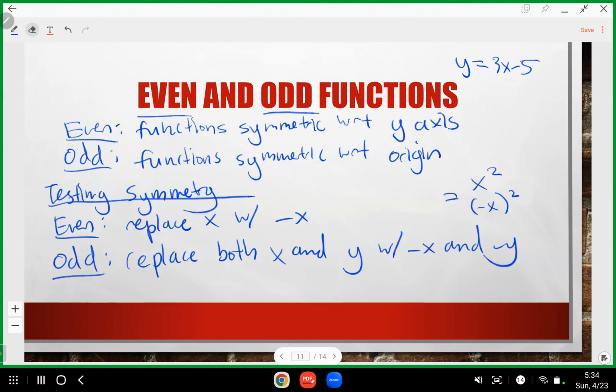And this shows us that if a function is shifted away from the origin, it's not really going to be an odd function, because an odd function requires the function to be symmetric with respect to the origin, meaning it has to stay at the origin. If it shifts away, then it's neither an even nor an odd function. Not all functions can be classified as even or odd.